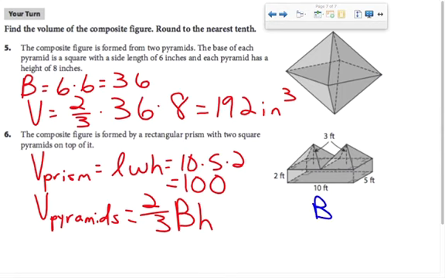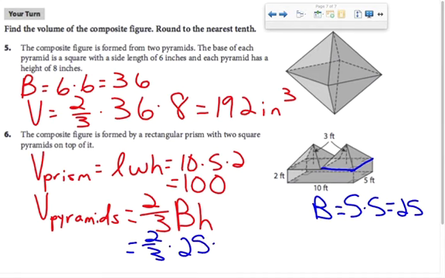So let's figure out over here what the base area is for those pyramids. They're square pyramids, so that means that this 5 here is also a 5 there. So the base area is 5 times 5, which is 25. So I have 2/3 times 25 times this height of 3. And I believe that's going to be 50.